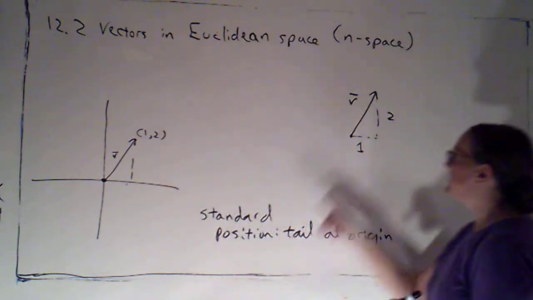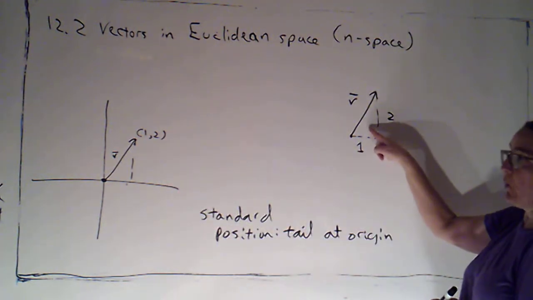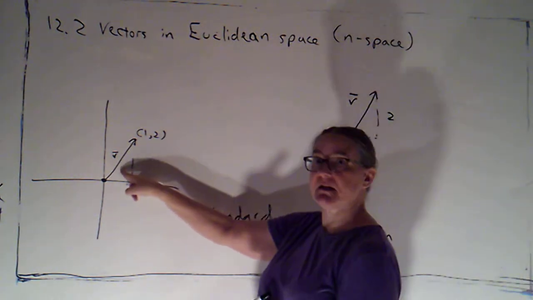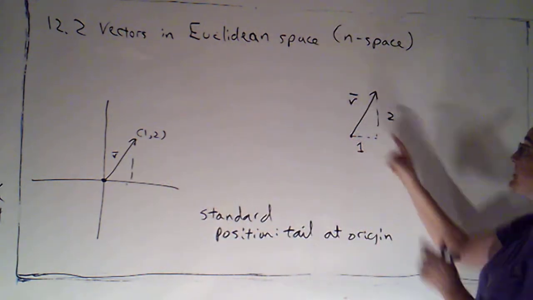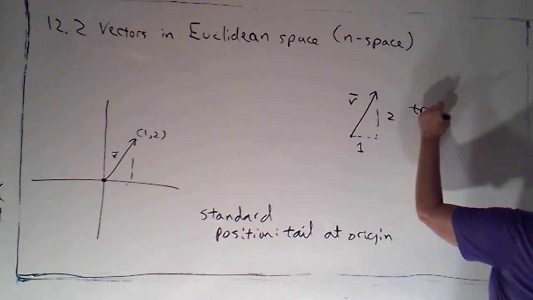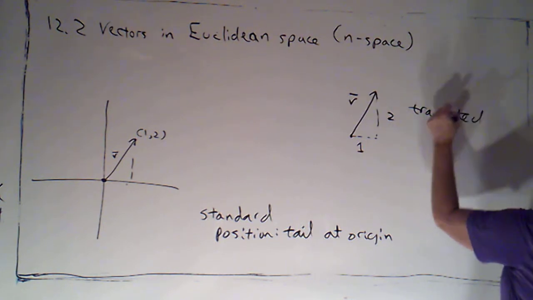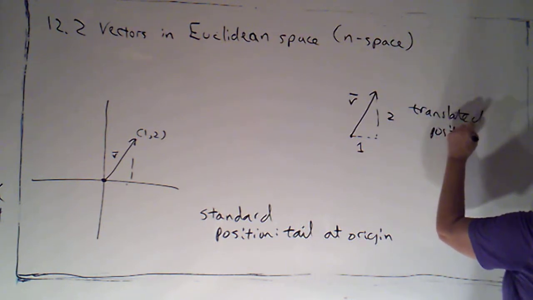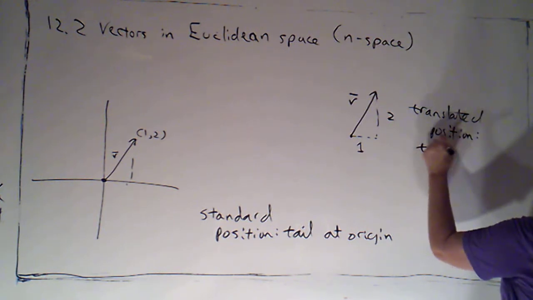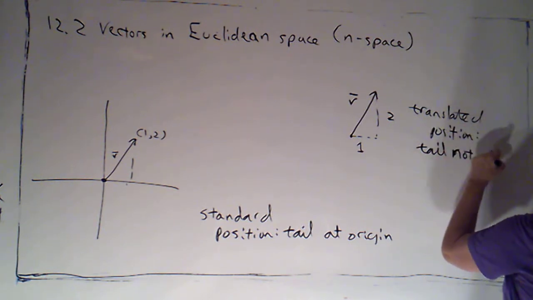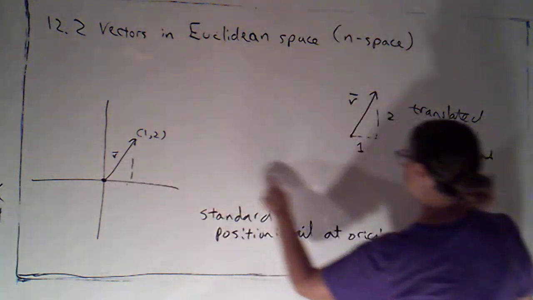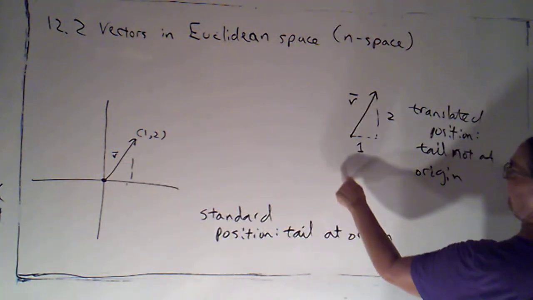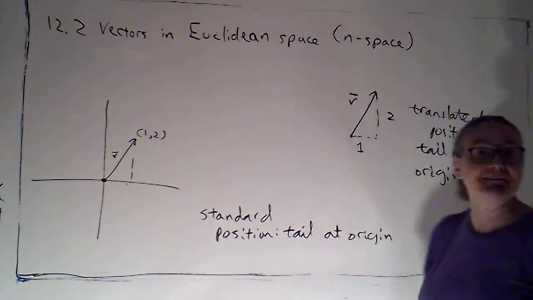However, this vector, v, ⟨1, 2⟩, is exactly the same as this vector, even though this one is not in standard position. This one is in what we would call translated position. And there the tail is not at the origin. If this is the origin, the tail here would be over here at something like, I don't know, (10, 3) or something like that.